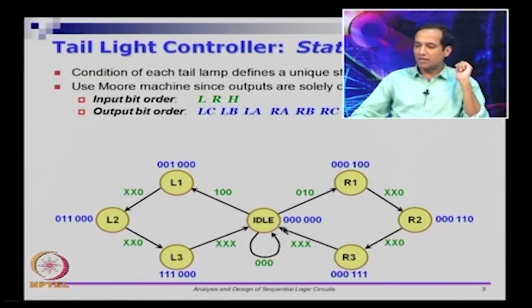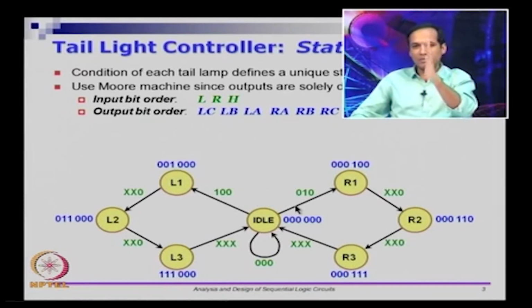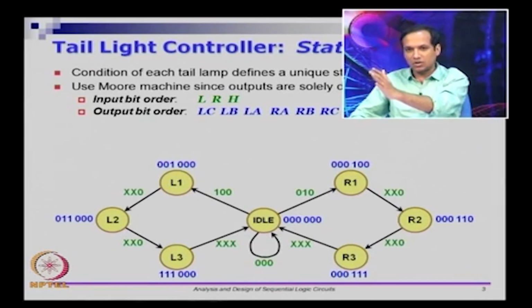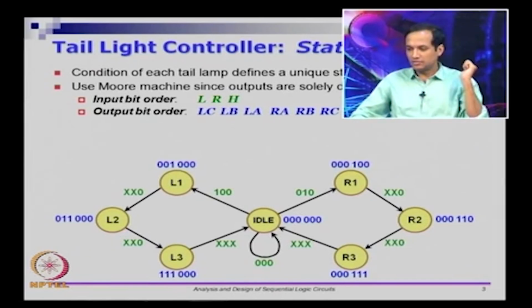And the moment I finish one cycle, no matter what happens, I come to the idle state. So RA turns on, RB turns on, RC turns on, and all of them go to 0. That finishes this, and if my right indicator is still on, then I will keep doing the same cycle over and over till the right indicator is removed. So this is for the right indicator.